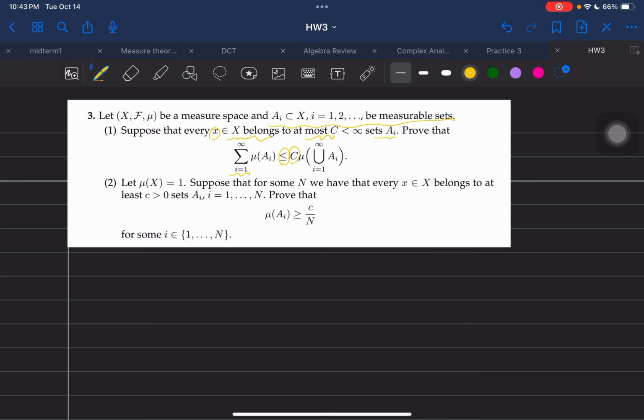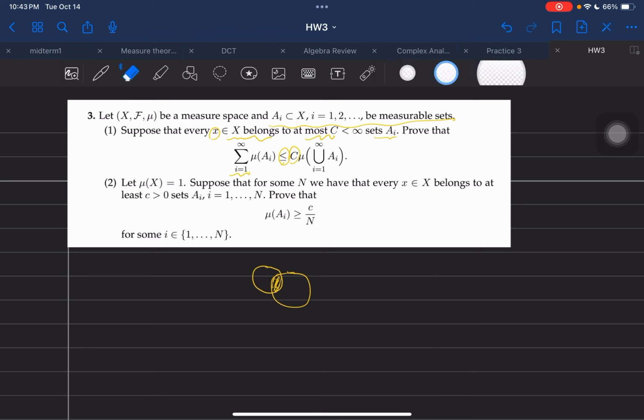Then the summation of the measure of each set would double count some of the overlaps of those sets.